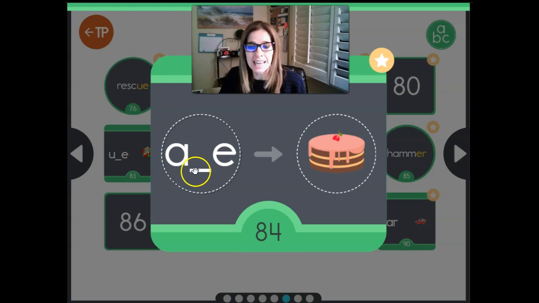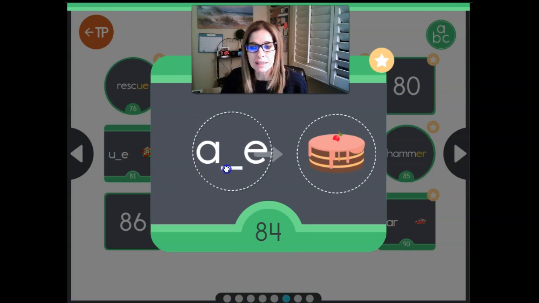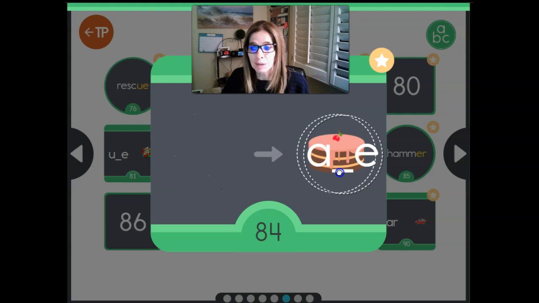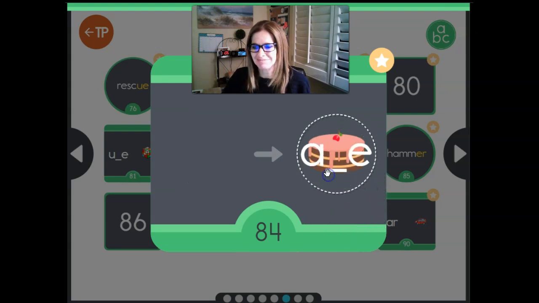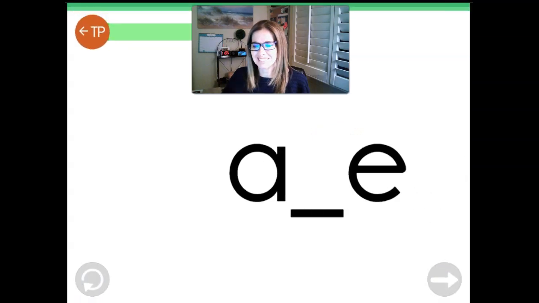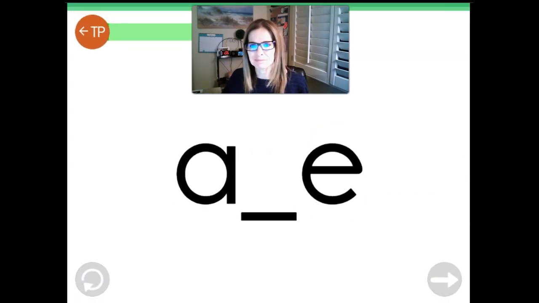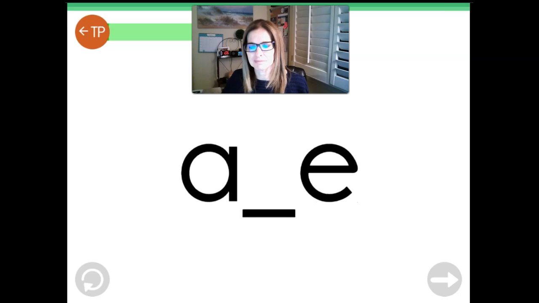I'm going to drag the A separated E spelling for the A sound on top to this picture. What is this picture? A cake. A. Cake. A. As in cake. So this A separated E spelling for the A sound as in cake is indeed the same pattern.